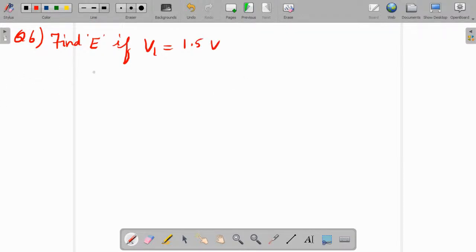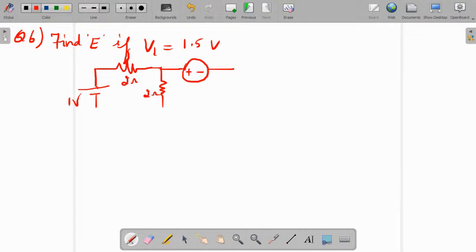So if we look at the circuit: 1 volt, 2 ohm, 2 ohm, so here this is V1, this is V2, two ohms, 1 ohm, and again you have a 2 volt source.